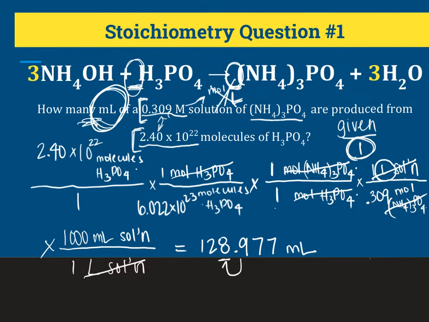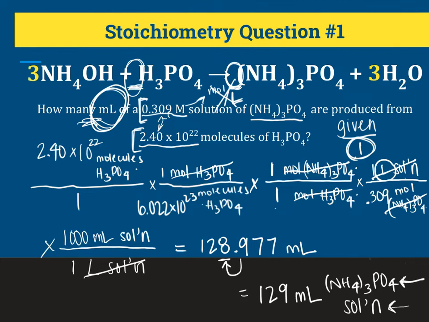So we would round this number up, and our final answer would be 129 milliliters of (NH4)3PO4 solution. And then that's it for that problem. If you chose to just write the (NH4)3PO4, or if you just chose to write solution, either one of those are fine. I'm just choosing to write both of them to reiterate that that is a solution of the (NH4)3PO4.